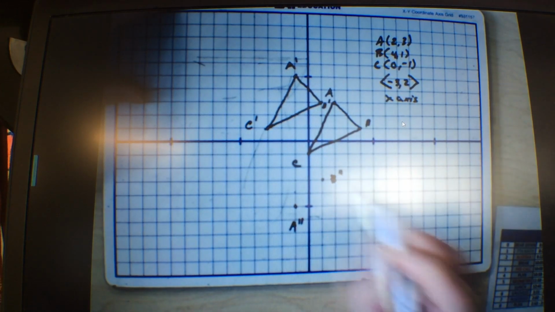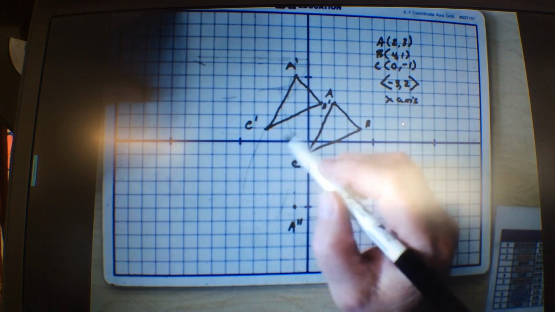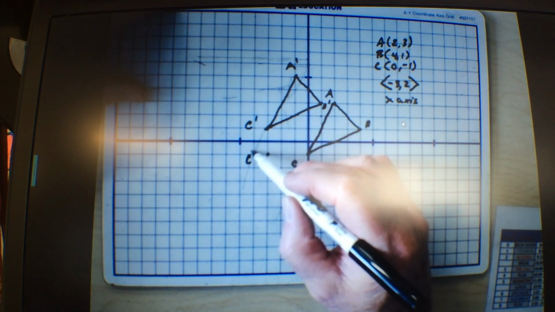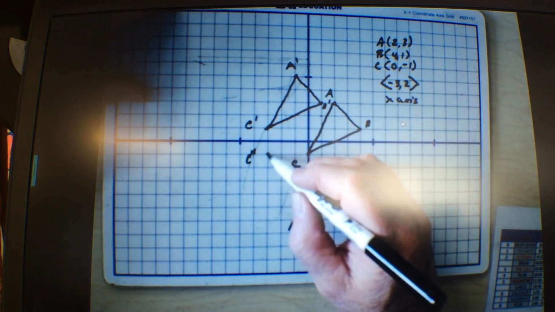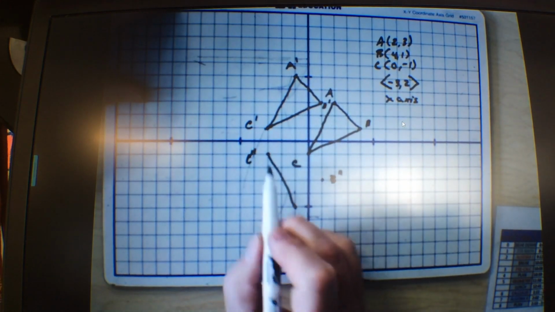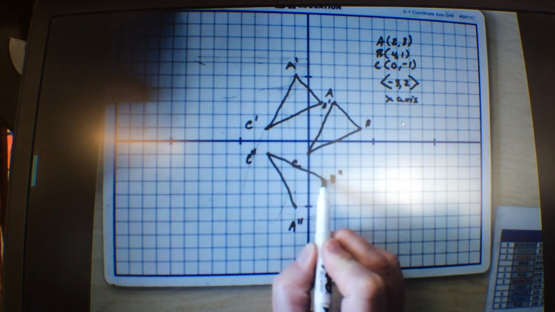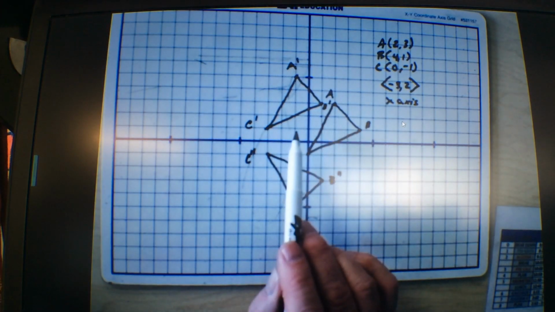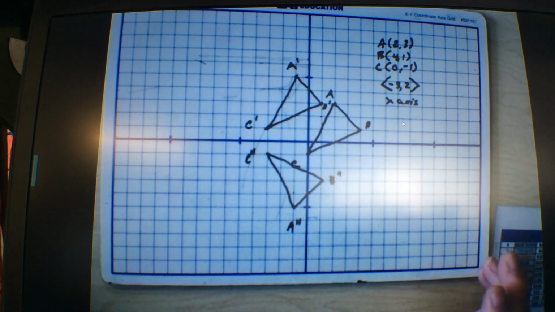B double prime is right there. And C is one away, so it's C double prime. And so I have this particular one right here. Now I have shifted it, glided it to the left, and then reflected across the x-axis. Okay? And that's how you do those. Any questions about that?